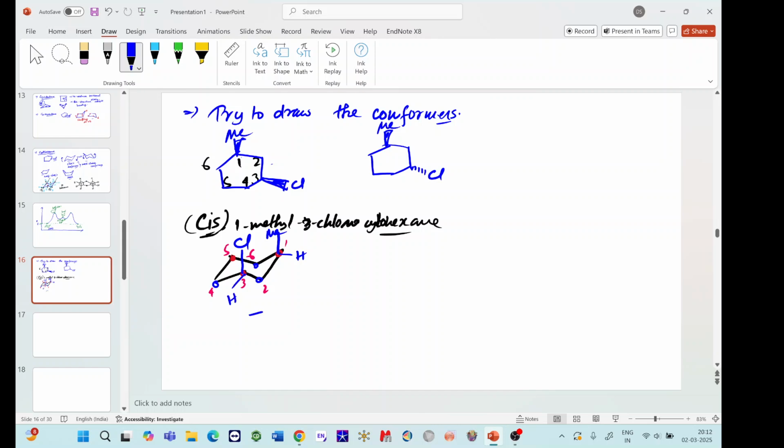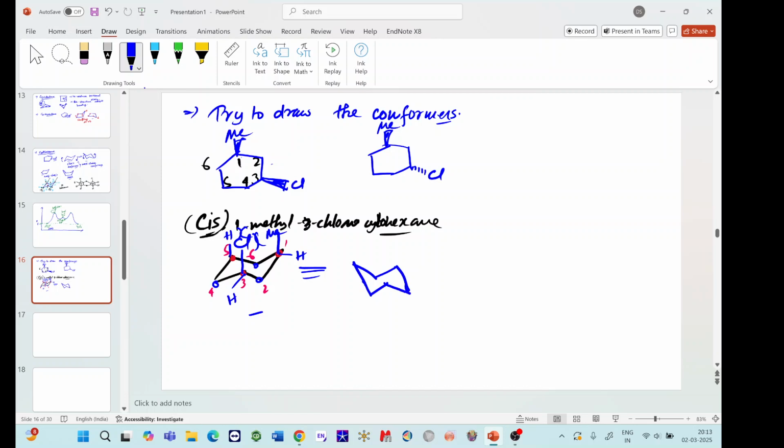But is this conformation the stable conformation? No, because this methyl will have some interaction with this one. Okay. Also, you have some hydrogen here, so this will also have some interaction. So if you flip it, then it will look like this.